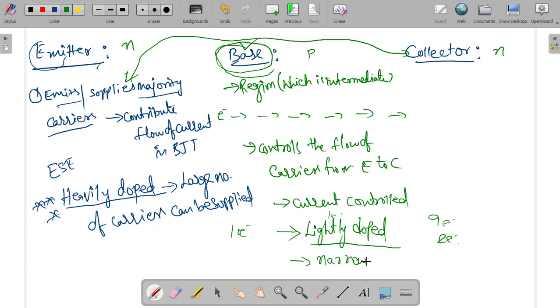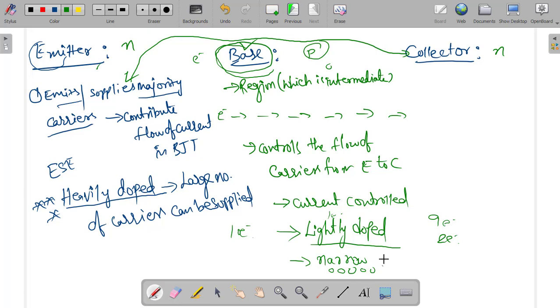Narrow width means a smaller number of carriers. Because this is P, in an NPN transistor, electrons are coming from N, and whenever electrons meet holes, recombination will happen. If the width of the base region is wide, then more holes will be there, which means more electrons will be sucked in by these holes, and recombination increases.